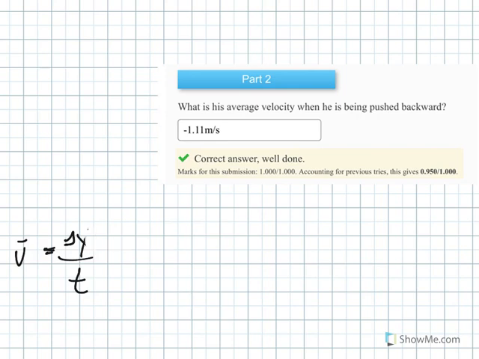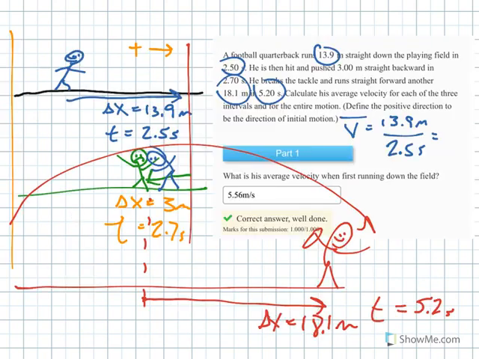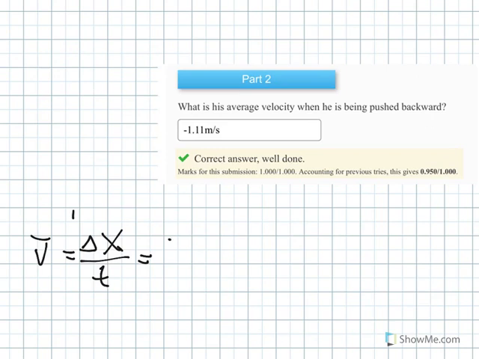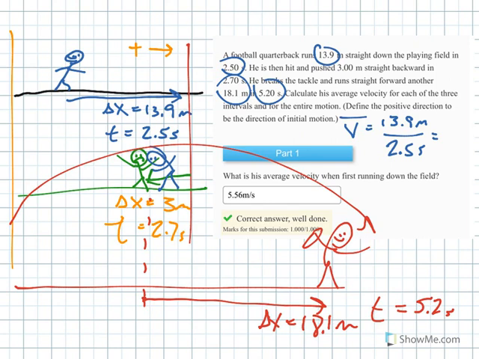Let's try this again. The average is, there we go, delta x over t. All right. So in the problem, your delta x was 3 meters in the opposite direction, right? 3 meters in the negative direction, so minus 3 meters, divided by the time it took, which was 2.7 seconds.